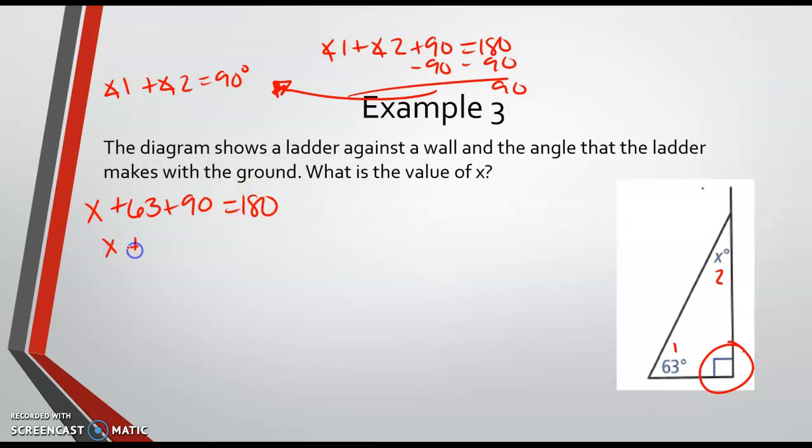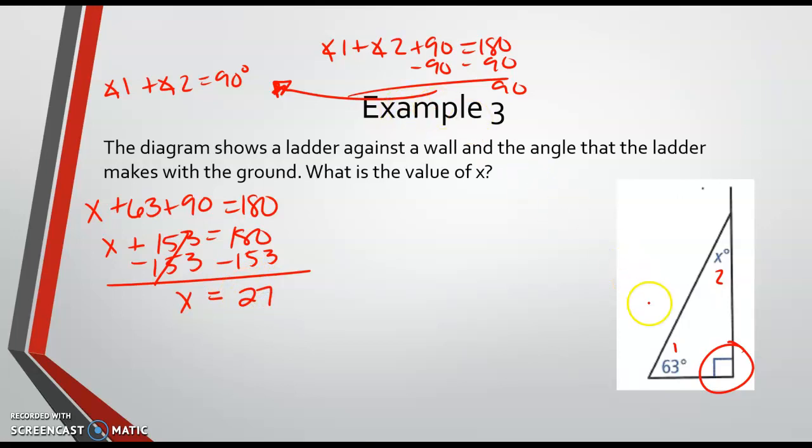So then x plus 153 would equal 180, and then I'm going to subtract the 153. And so then x will equal 27. That's the way we've been doing it.